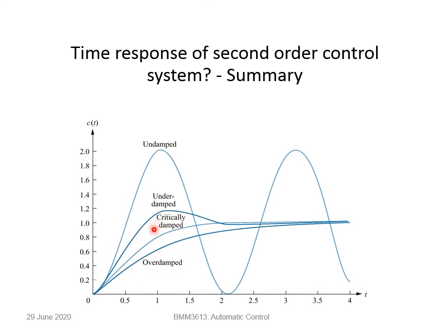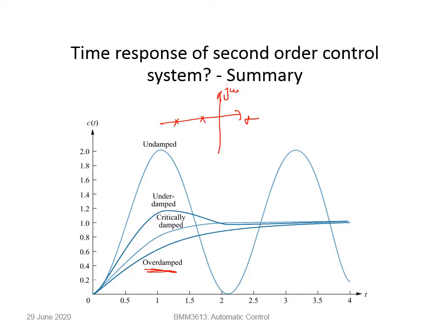Remember, if you revise the chapter from last week, it was done in relation to the position of the poles. So if the poles are 2 distinct points on the sigma or real axis, we will have an overdamped time response.